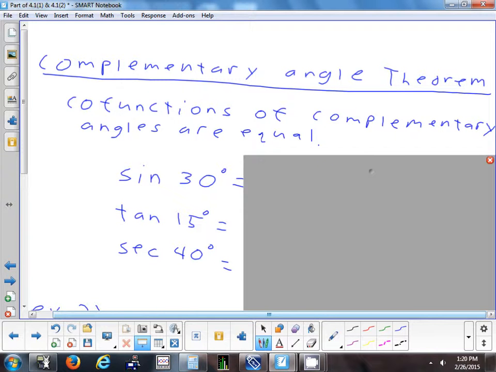On the left, I've listed 3 trig functions, and I've plugged 3 different angles into each one of them. On the right, I want to find something that's equivalent to it using this idea. Cofunctions and complementary.